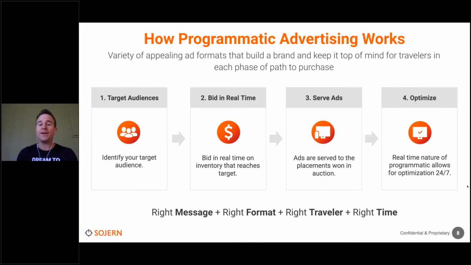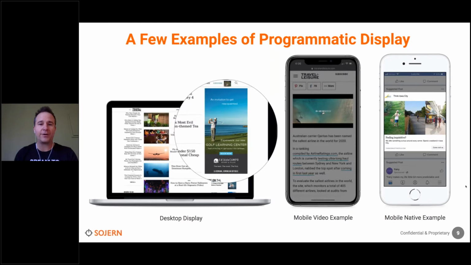Now, the nice part about that is because it's so real time and it happens so fast, and you notice when you load pages online, there really isn't a delay unless you have a bad internet connection. So all of that is happening in milliseconds and happening every single time you're loading a page. Those examples that I mentioned are really just looking at the different ways that people can see these programmatic ads, to get the ad to the right user at the right time.